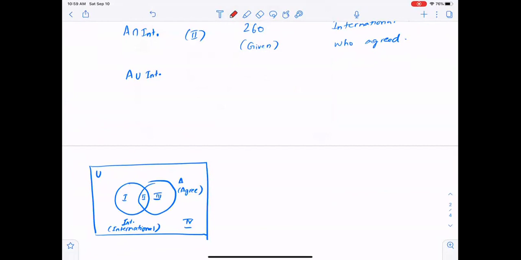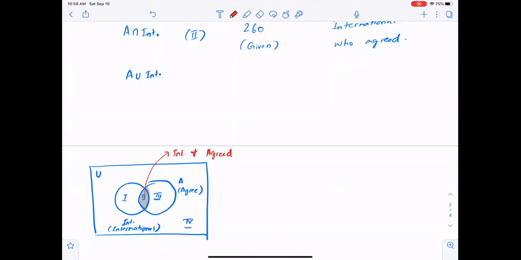So the middle part is the part that corresponds to international and agreed. International travelers who agree.